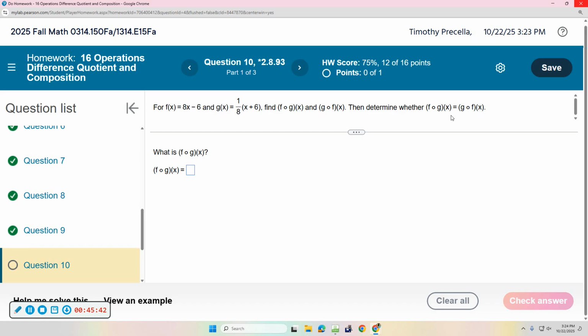As we've said, in most cases, the compositions will not be equal. The mere fact that they're asking, are they equal, makes me think these may be some of those exceptions. Maybe they're trying to draw your attention to the fact that for this problem, they're going to turn out to be equal.